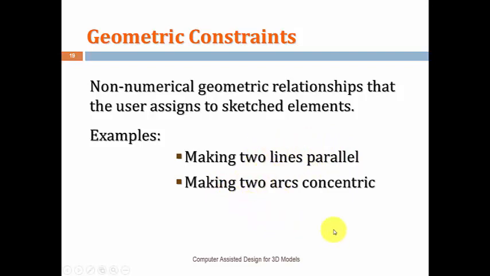We use concentric relation, for example, to force two arcs or two circles to be concentric, which means they will share the same center. And also maybe force a line to be horizontal, or force a line to be vertical, and so on. So we will come to these sketch relations in the coming video lessons.